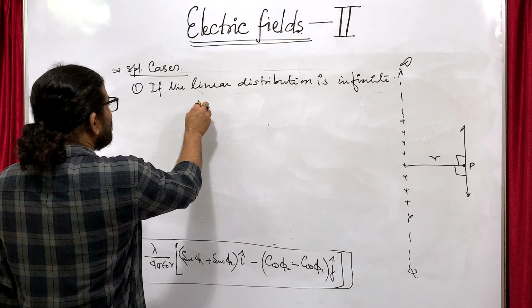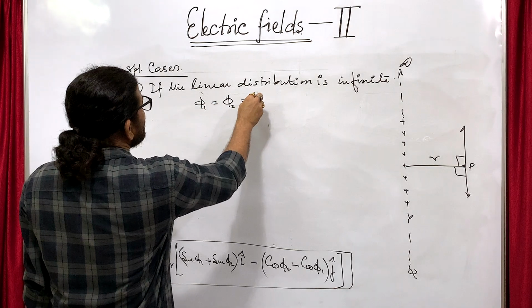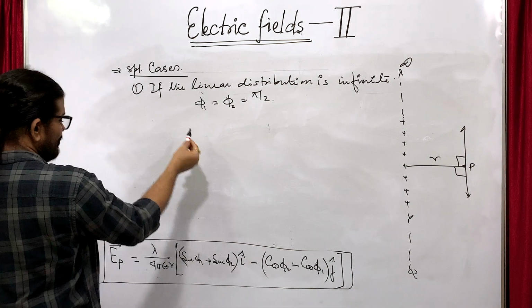So here phi 1 is equal to phi 2 is equal to pi by 2.